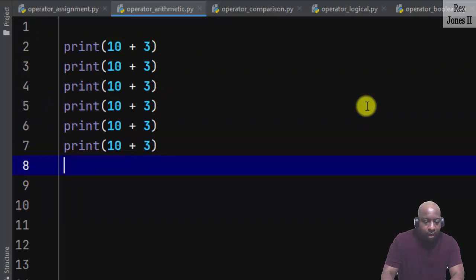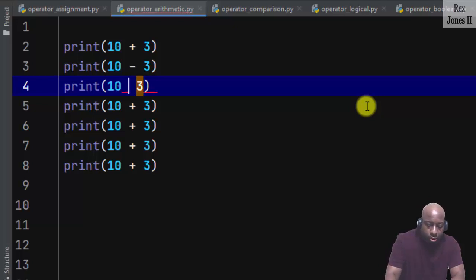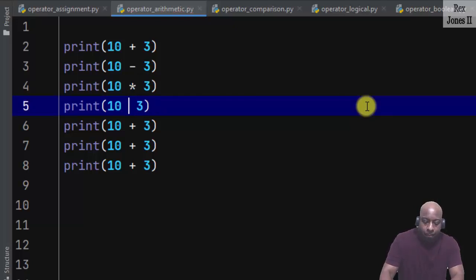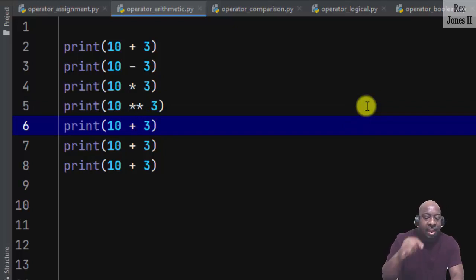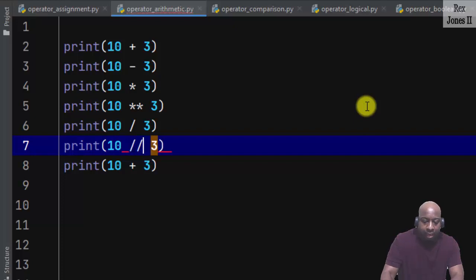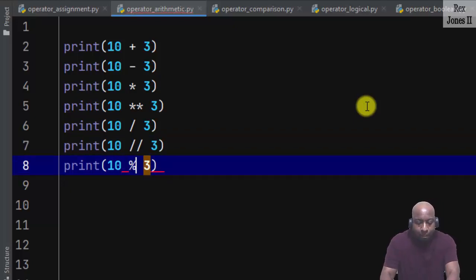The second statement would be subtraction. We have multiplication. We have exponent. And there are 2 division operators: the normal division operator and the floor division operator. Last is the modulus, which is a percent sign.